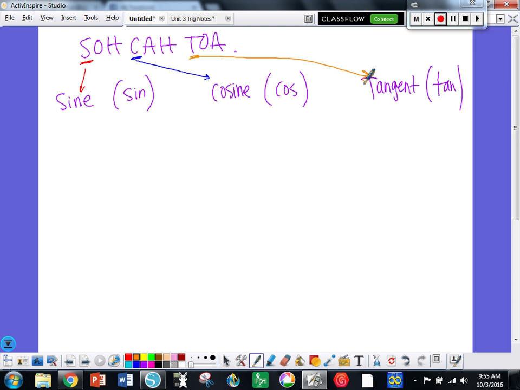So the OH, AH, and OA have to do with the sides of the triangle. Now in any triangle, talking right triangle, across from the 90 is always the what? Hypotenuse.